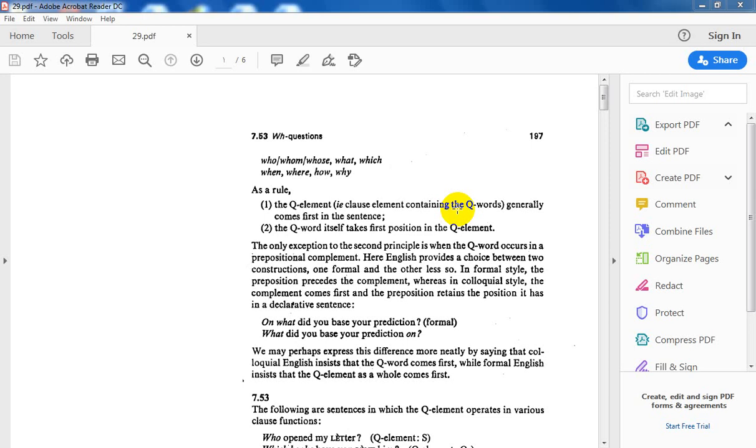Last week we tackled the types of sentences: statements, meaning declarative; questions, meaning interrogative; commands, meaning imperative; and the last one, exclamatory.